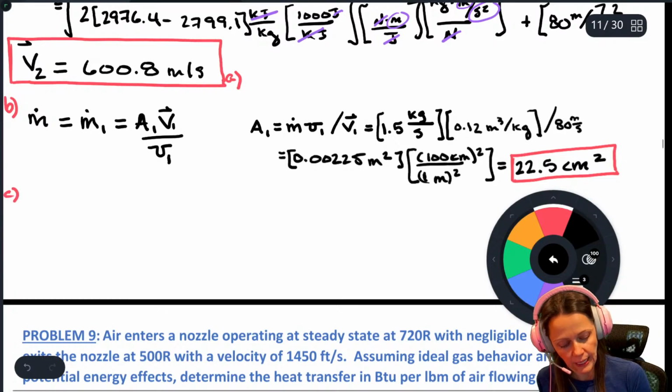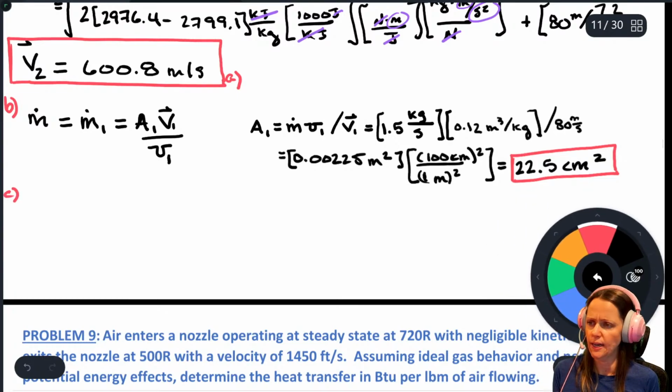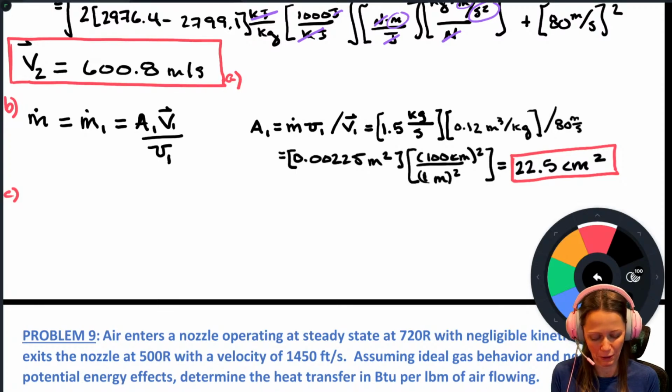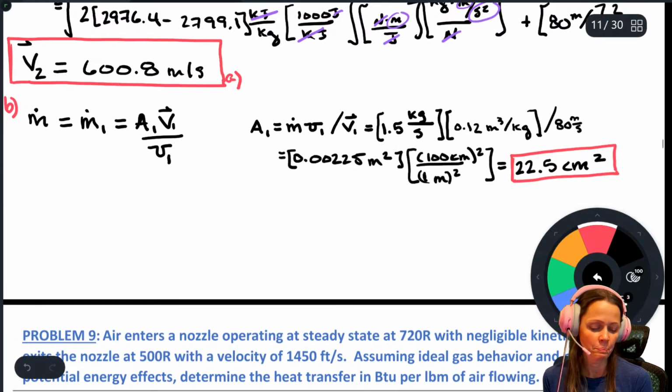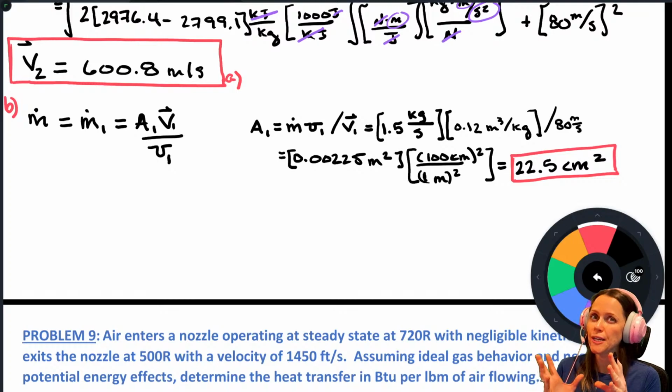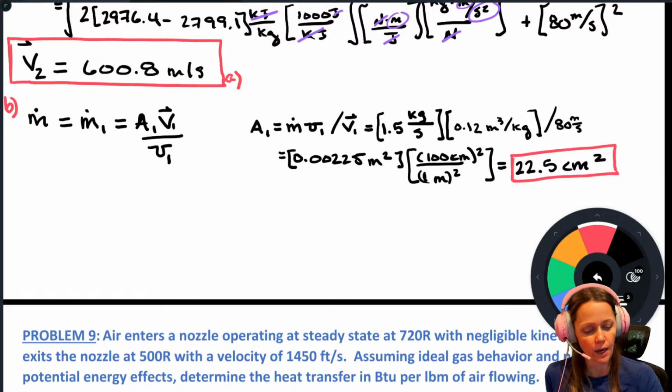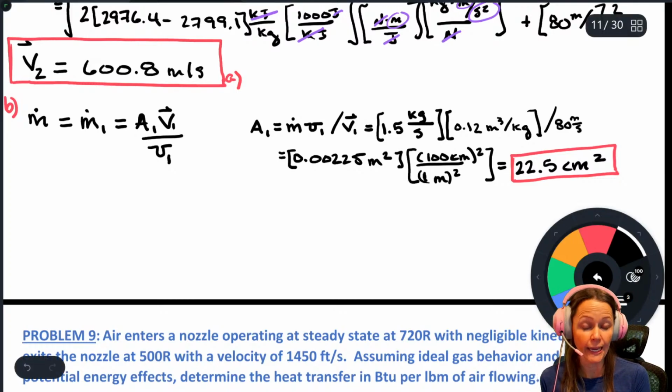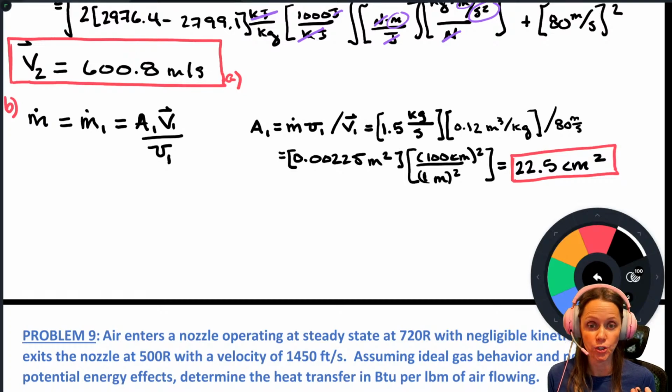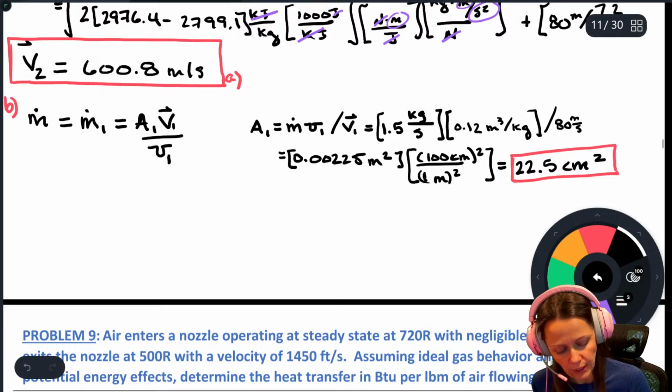And then if I want to get part C, actually wait, I think we still categorized it under part B, didn't we? If I wanted to get the area at 2, I could do the exact same thing: m dot equals A2 times the velocity at 2 divided by the specific volume at 2. But instead, I know m dot 1 is equal to m dot 2.